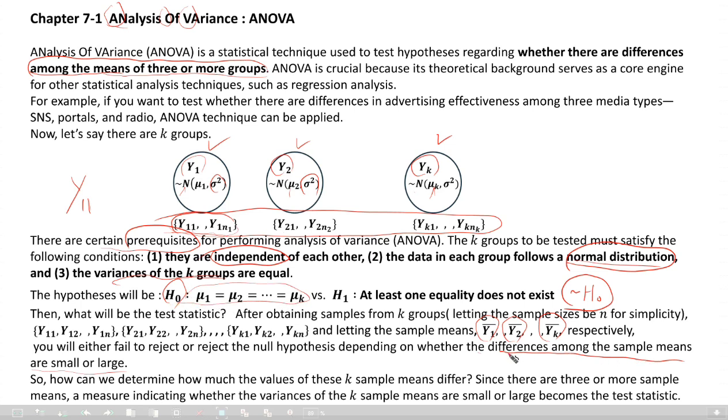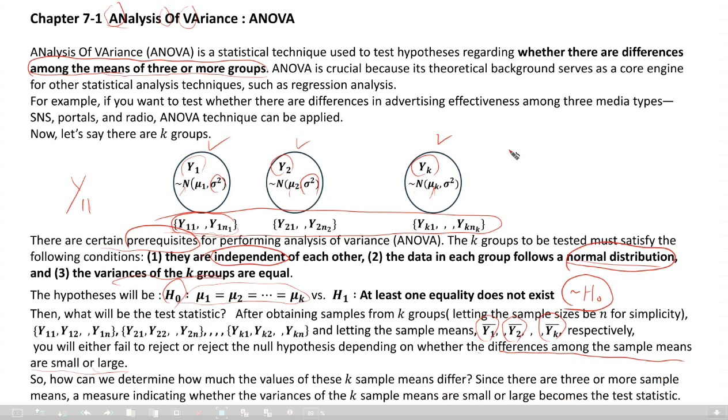But if the differences among the sample means are large, then you will reject the null hypothesis. That is rational. So how can we determine how much the values of the K sample means differ? Since there are three or more sample means, the measure indicating whether the variance of the K sample means is small or large becomes the test statistic. It makes sense, I think.